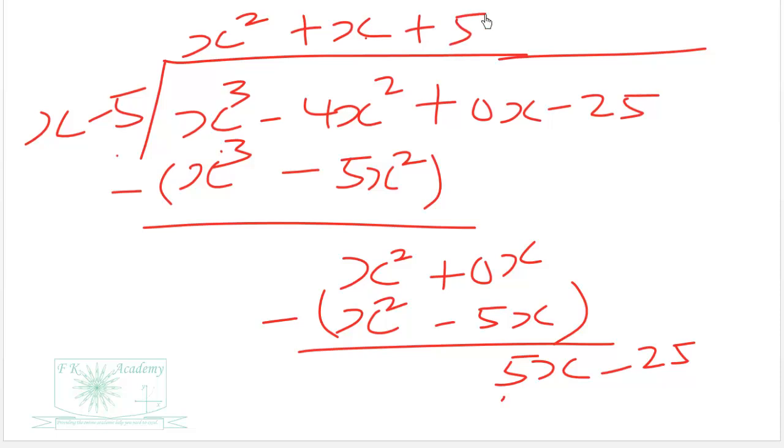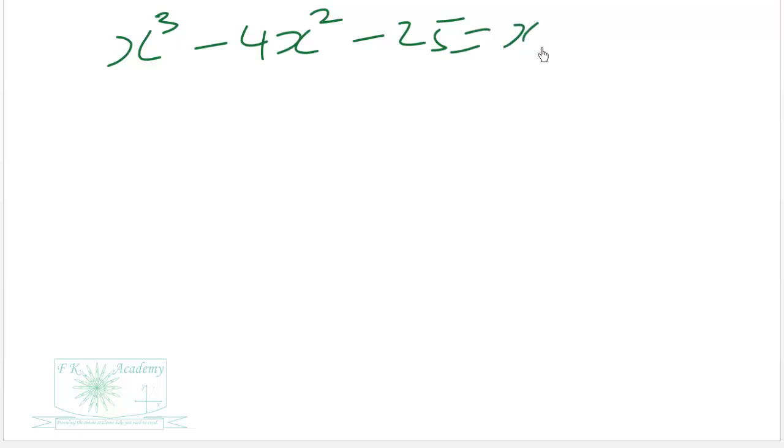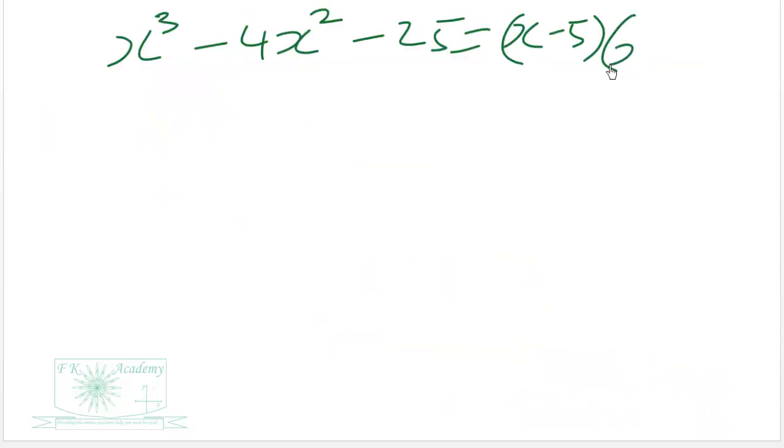Then we multiply, we get 5x minus 25. So when we subtract, we get 0, which tells us that x cubed minus 4x squared minus 25 is equal to x minus 5 times the quotient. The quotient is x squared plus x plus 5.